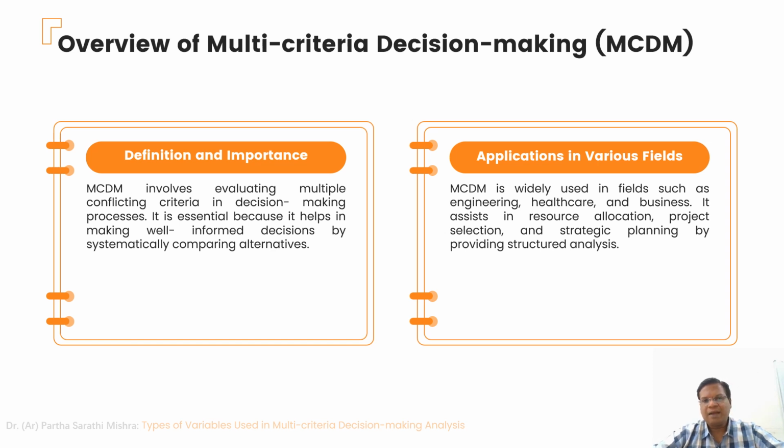Next is the application in various fields. MCDM is widely used in fields such as engineering, healthcare, business. It assists in resource allocation, project selection, and strategic planning by providing structured analysis. As an architect, and as a heritage specialist, I can say this MCDM process can be used in identifying and selecting the best heritage among a group of heritages, or what kind of different alternative use is possible.